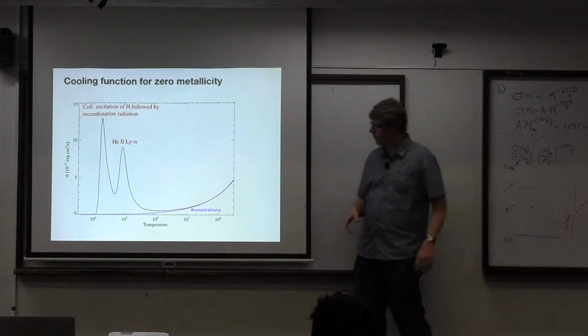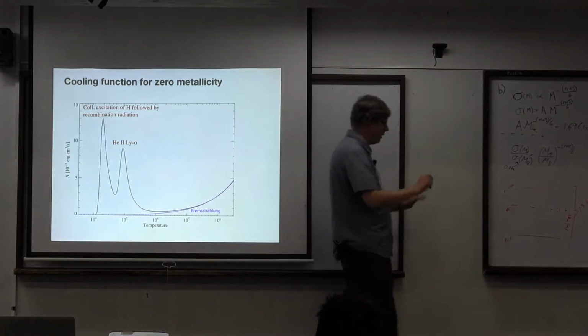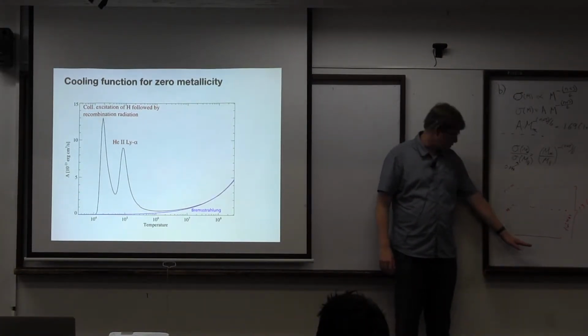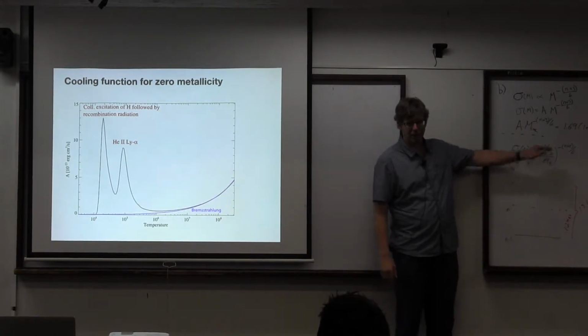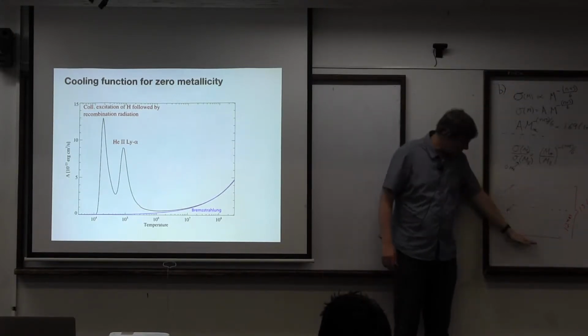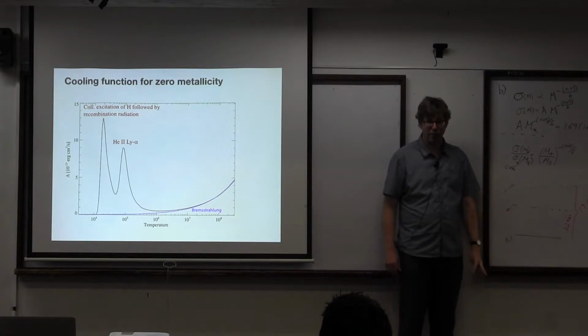Well, the first thing, if you just think about hydrogen, what you can do in hydrogen, you always start in the ground level. And what you can do with hydrogen is you can knock it up to the first level. You knock it up to second, third, fourth, fifth, etc. until you reach infinity. Then you've ionized it. So I can sort of lose energy at any level up until I've ionized hydrogen.